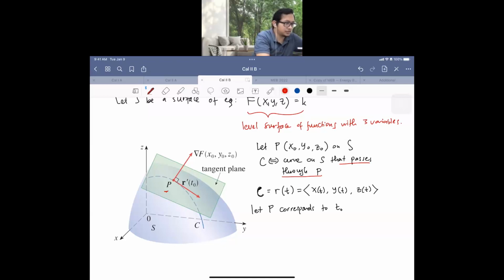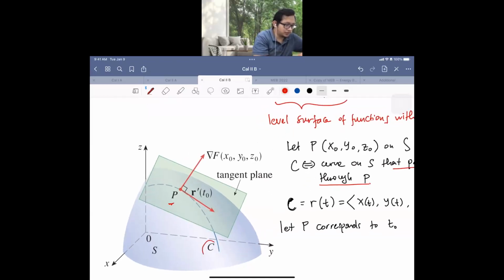Now, because the curve C lies on the surface S, we can treat the curve as a function or level surface of a function. If you remember what we did in the first introduction of chapter 14, we were introduced to contours, like when you have maps.